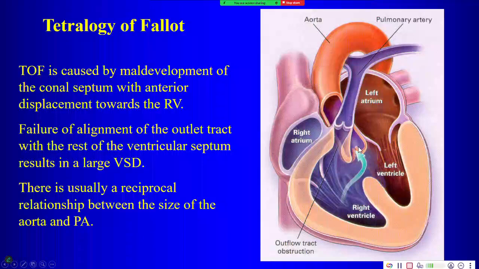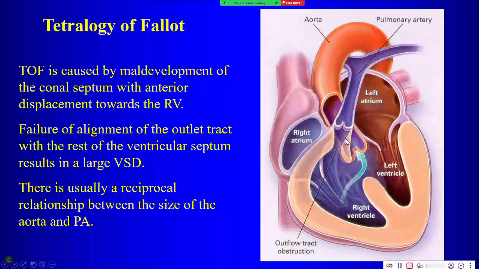Now, all of these elements of tetralogy of Fallot are caused by just one abnormality, and that abnormality is maldevelopment of the conal septum. So if you take this infundibulum and embryologically, if it's displaced a little bit too far anteriorly towards the right ventricle, that's what results in narrowing of the outflow tract of the right ventricle. So that gives you infundibular stenosis. All of the other problems follow from that. Because of the abnormal position here, it cannot fuse with the ventricular septum completely, so that leads to a ventricular septal defect.